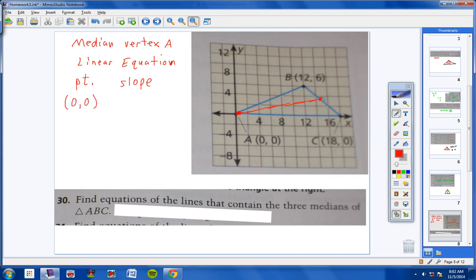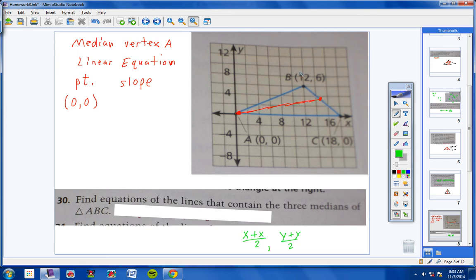Look, how do I find this point? Midpoint formula. If this is truly a median, which it is, then the median has to hit the midpoint over here. And I've taught you guys how to find the midpoint between two points. See this point here? See this point here? The midpoint is right here. How do you find the midpoint between these two points? Here's the formula down here: x plus x divided by 2, comma, y plus y divided by 2.